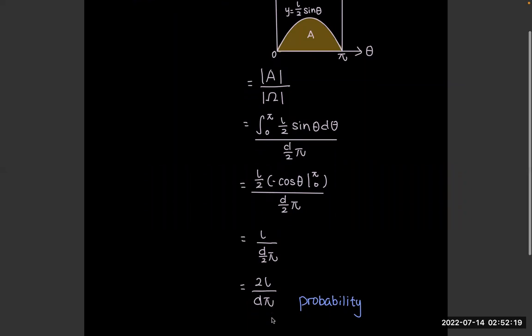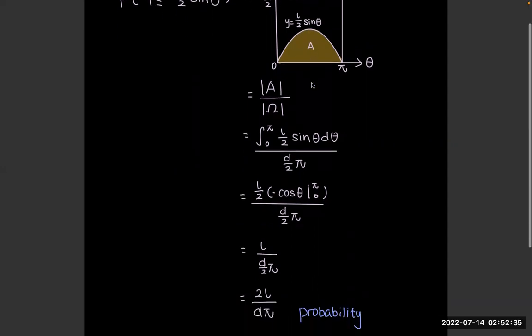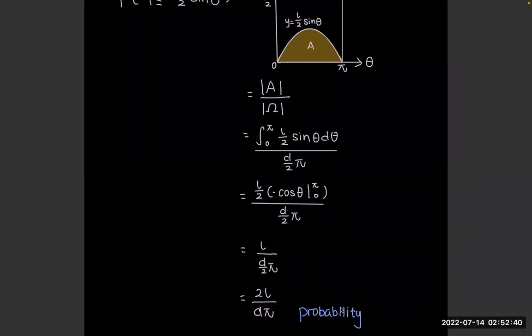So this is a probability. This probability can be approximated by the frequency. If you generate 10,000 points, which means you throw the needle 10,000 times, what's the proportion or frequency of the points that fall into A? That will be very close to this number. So once you get this frequency, you can solve for pi.